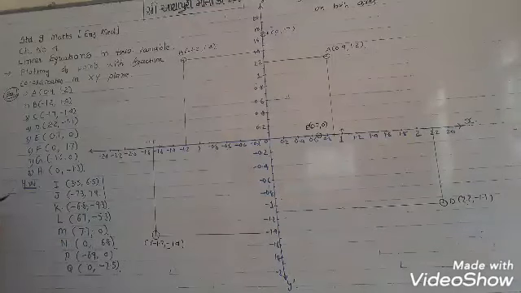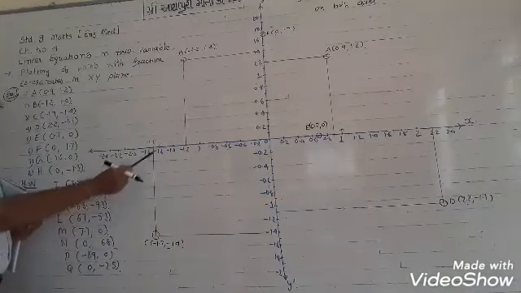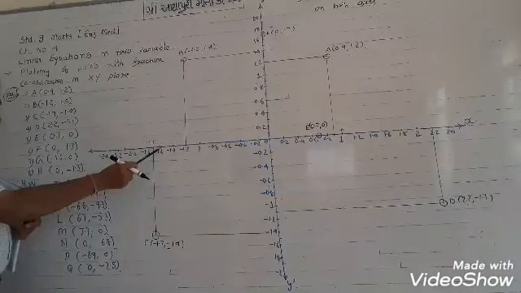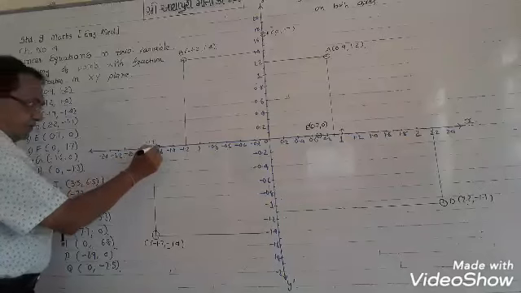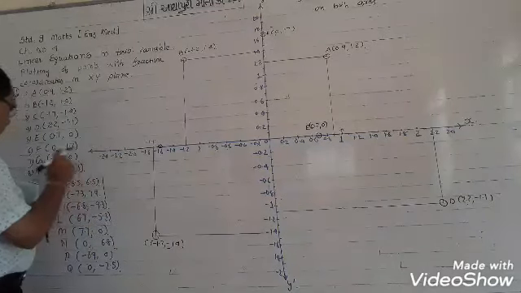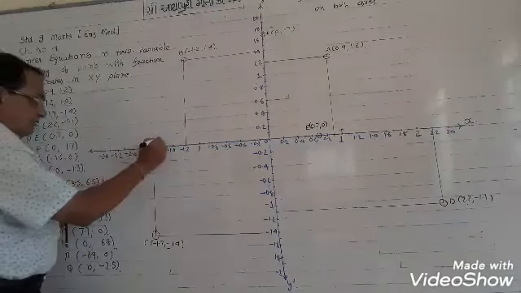That is your point F, (0, 1.7). Okay. Then (1.6, 0)... where is minus 1.6 here? And 0, where is it? It is on the x-axis. That is point G.